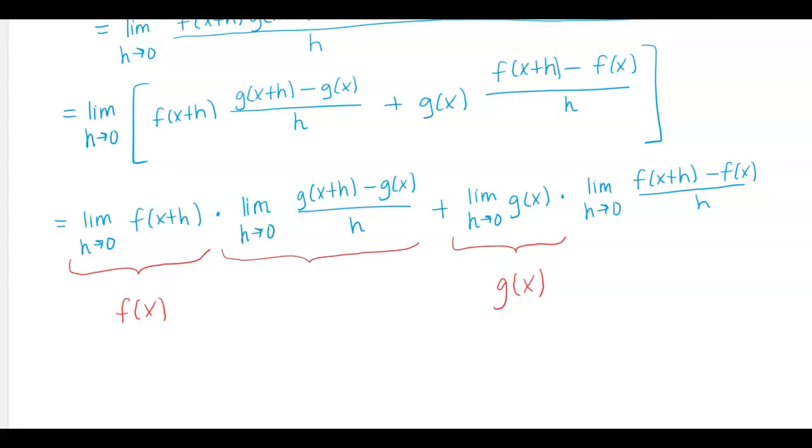This is the formal definition of the derivative of g. And this is the formal definition of the derivative of x, or sorry, of f. So that's what we wanted to get for our formula that we're using for the product rule. So this is the proof of the product rule.